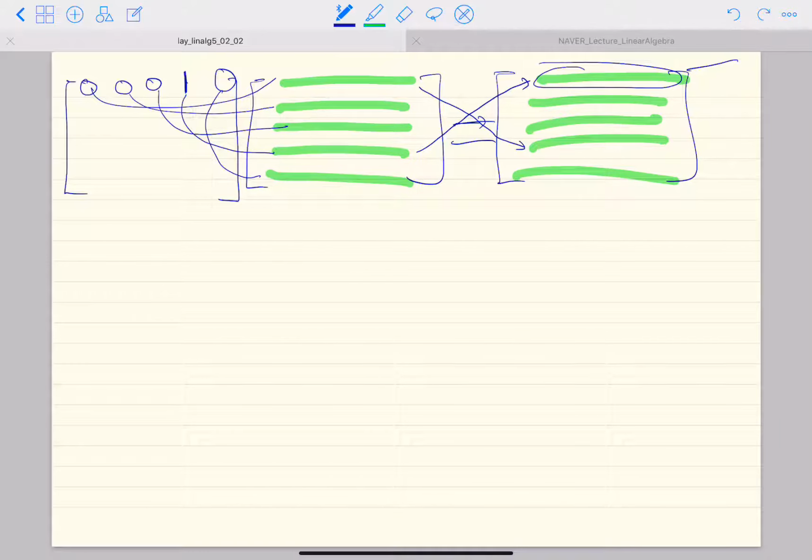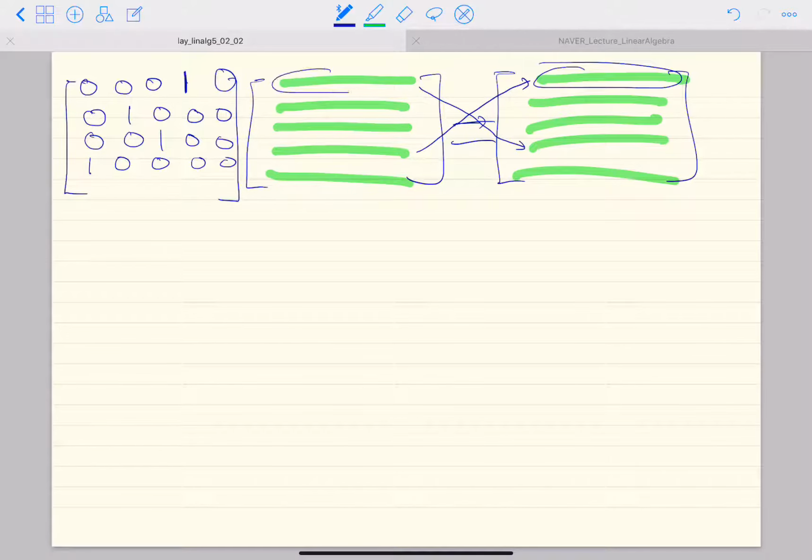Okay? And then similarly, what about the second row and its corresponding linear combination coefficient? Good. What about the third one? Good. What about the fourth one? Good. Because we now choose the first row to produce the fourth row in the resulting matrix. Okay, right?